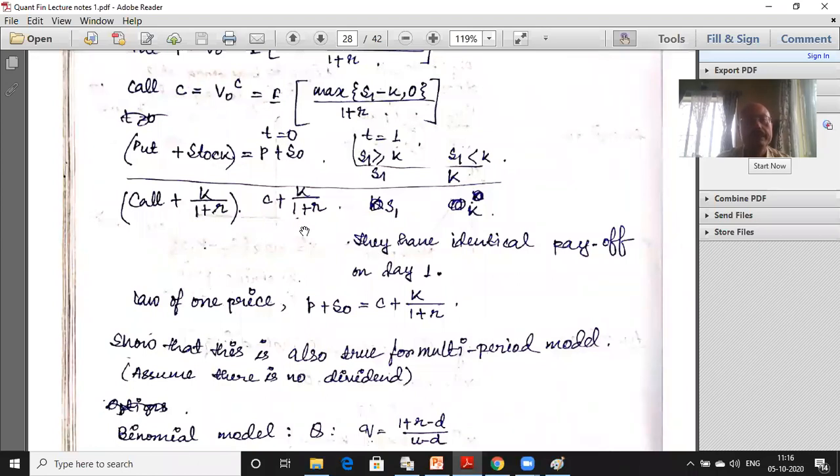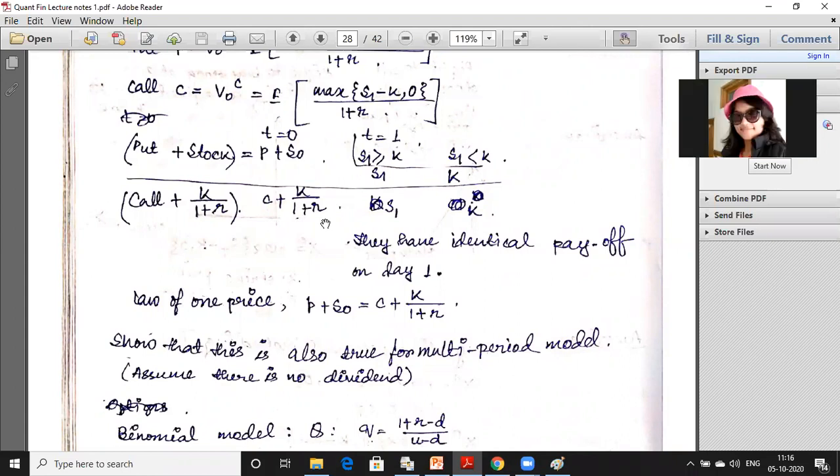So in a discrete time setting, this is what happens. You have k by 1 plus r, correct? Or if you put money in the bank, it will grow at the rate of 1 plus r every period. So in t periods, your money will become (1 plus r) to the power t times.